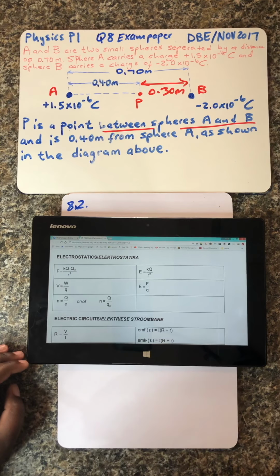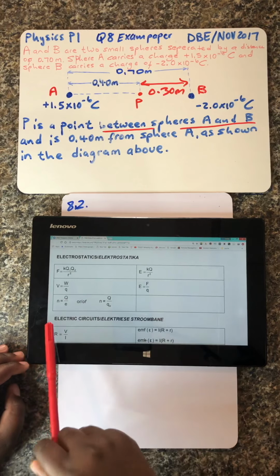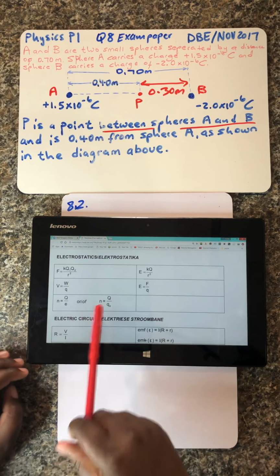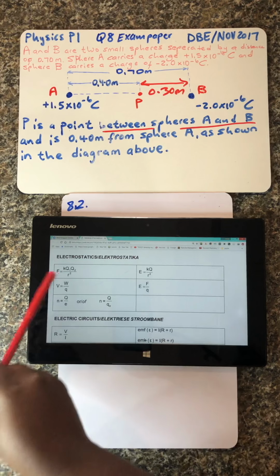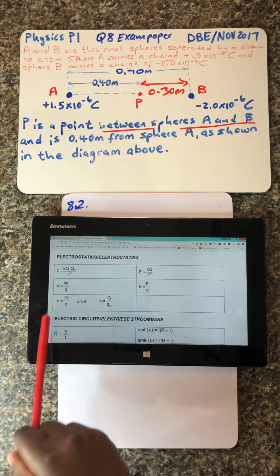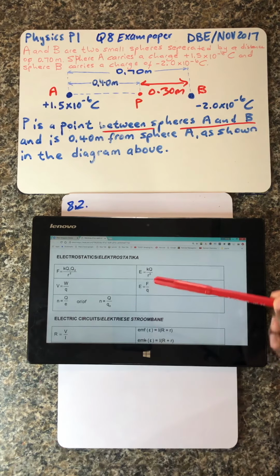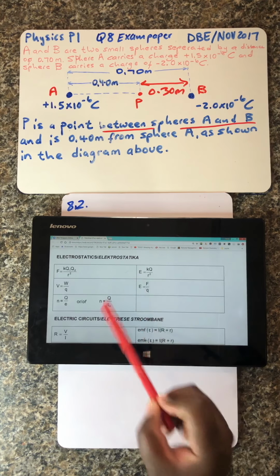This is the V, this is E, and then this is N, or the other way of calculating N is that one. Now we are not requested to calculate the force, not the voltage, not the number of electrons, but the electric field at point P. So now it's just a matter of us having to choose between these two formulas.